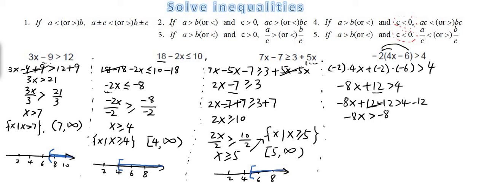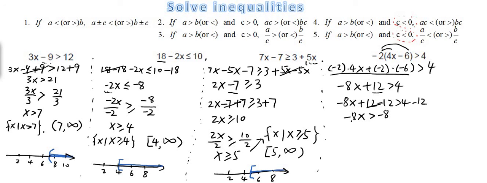Okay, again I want to emphasize that if we do the subtraction or addition for both sides, here we subtract 12 from both sides, we don't change the sign. And here we just do the distribution. It's nothing to do with addition or subtraction for both sides, right? We just do the distribution for this term, so we are not changing the sign.